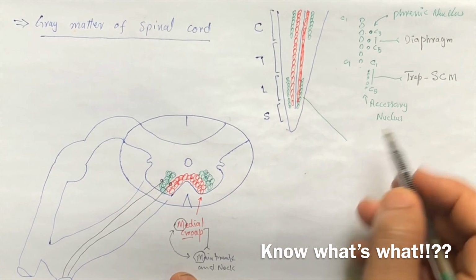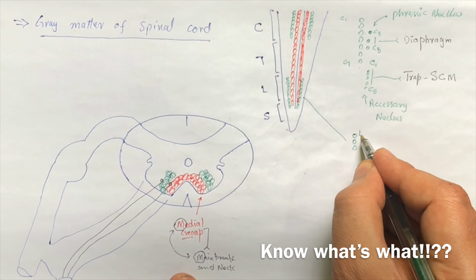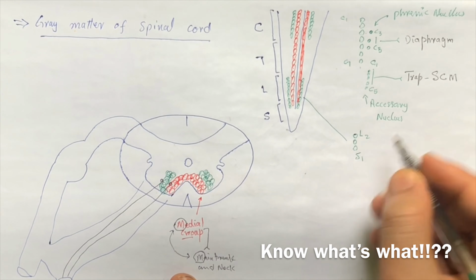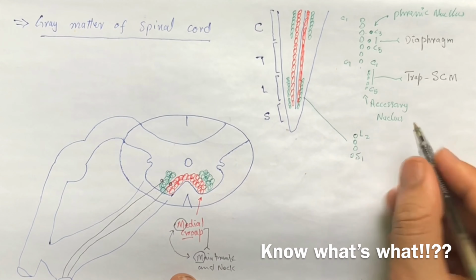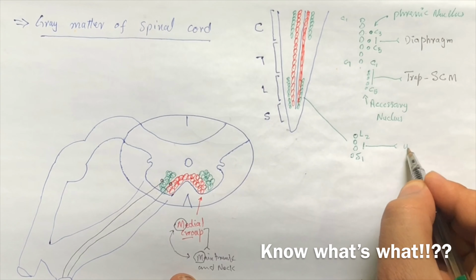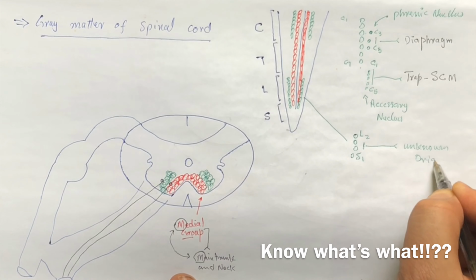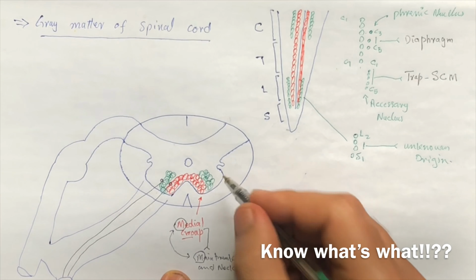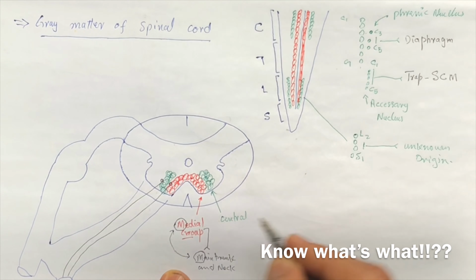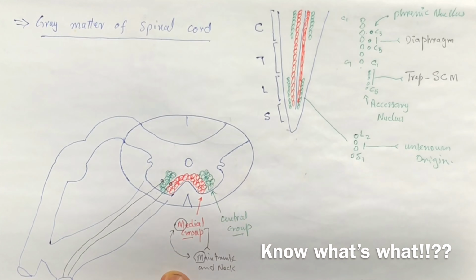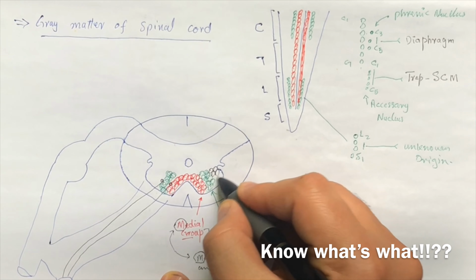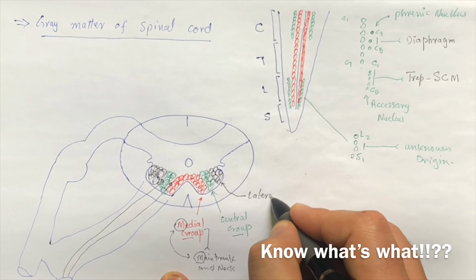And the lumbosacral region from L2 to S1 has a distribution of axons to an unknown region, okay? So we have the central group here, and now we have the lateral group of neurons, and we will put them on both sides and then in the other diagram as well.